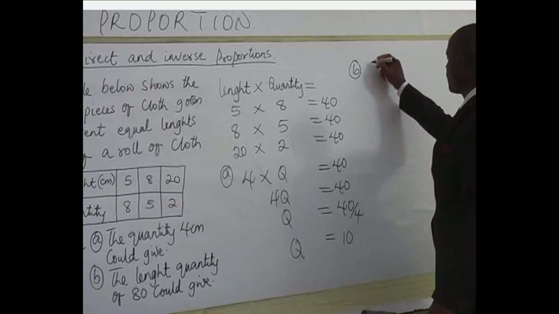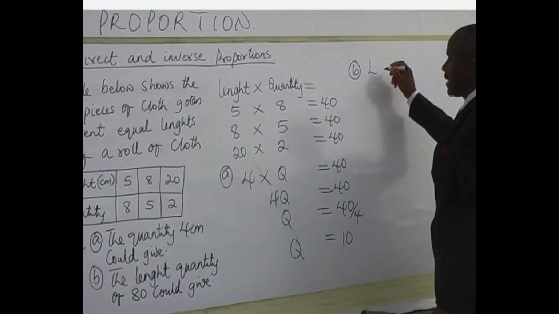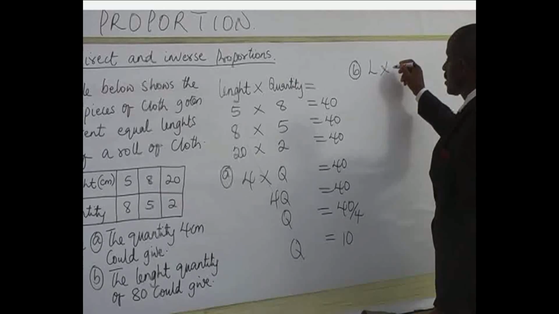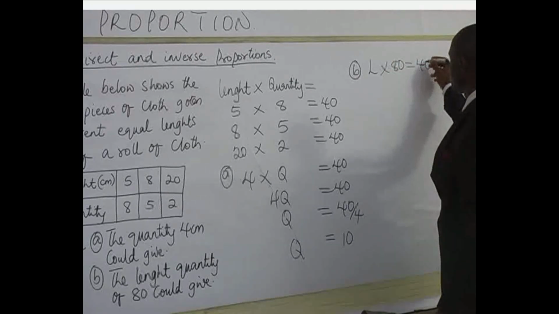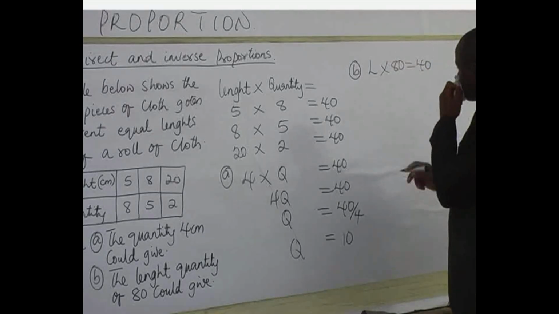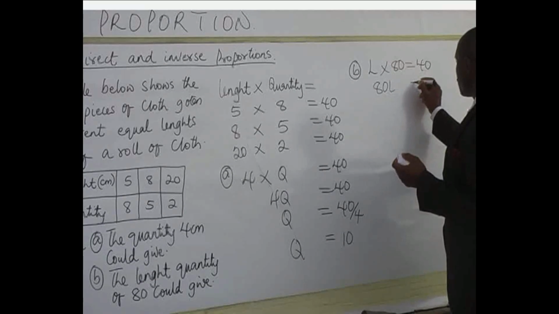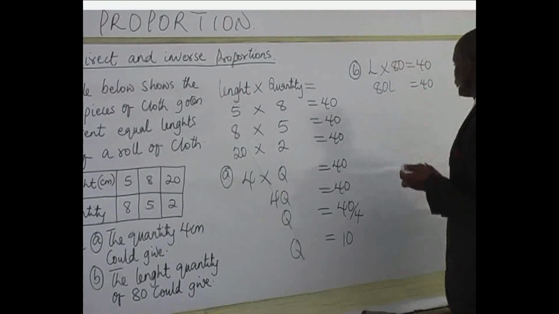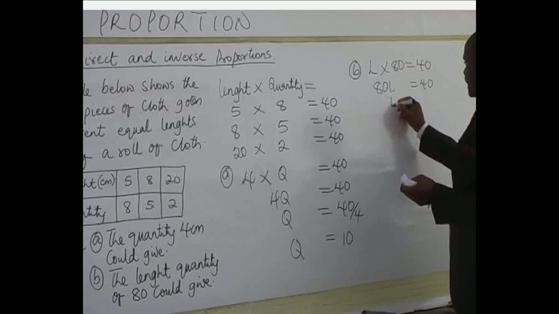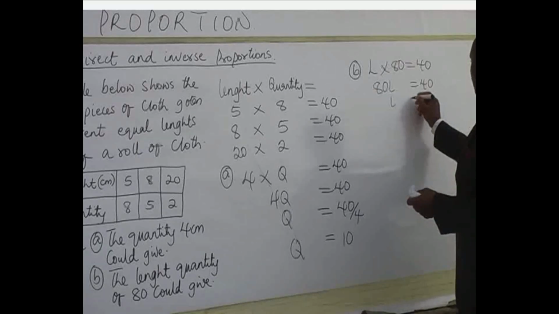So let's use L to represent length: 80 times L gives you 80L, which is equal to 40. If you divide both sides by 80, you have L left.